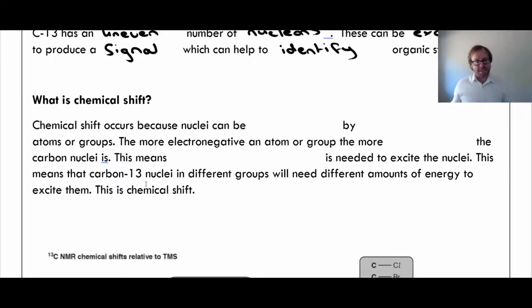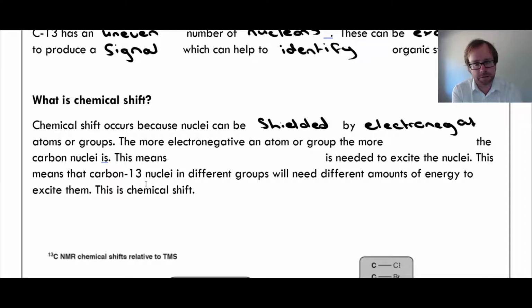Okay, so what is chemical shift? Chemical shift occurs because nuclei can be shielded by electronegative atoms or groups.